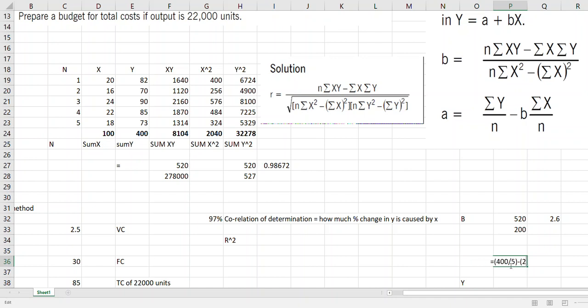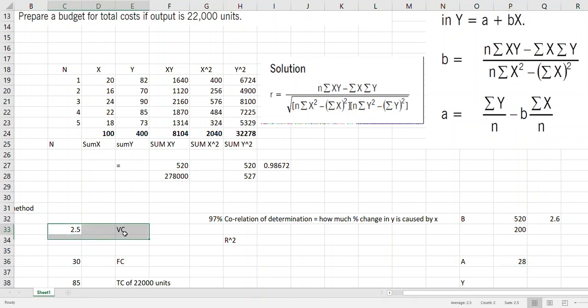So 2.60 multiplied by sum of x divided by pairs of data. So I have a fixed element, which is 28.